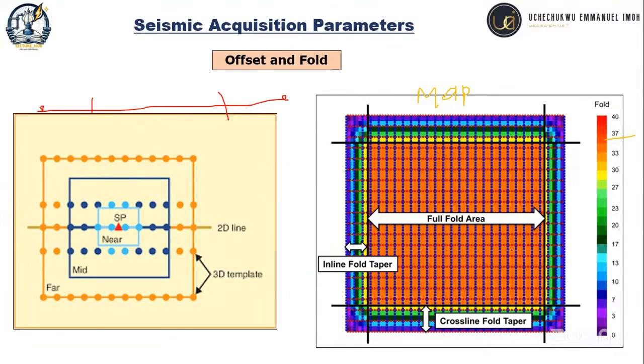That is why the fold at the flank or at the edge of your acquisition area is usually lower. But at the central part of the acquisition area, the fold is usually high. And it is at the central part that you're targeting your subsurface structures or whatever you're looking for, fault and fold and all that. So that is it for fold and what fold is all about.